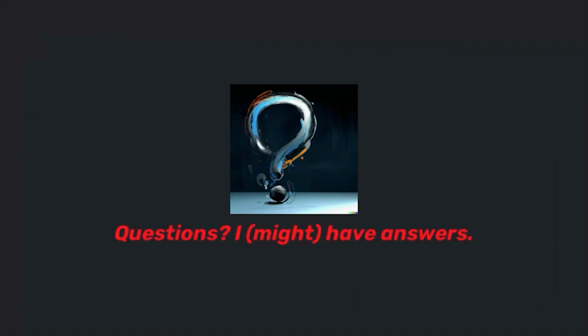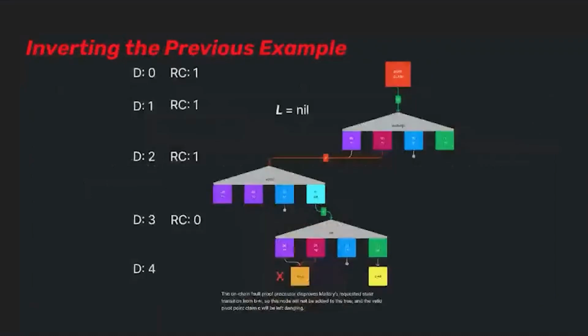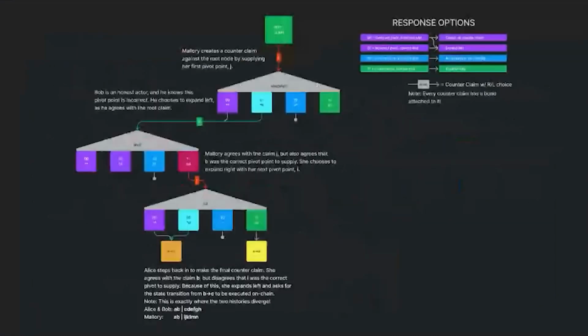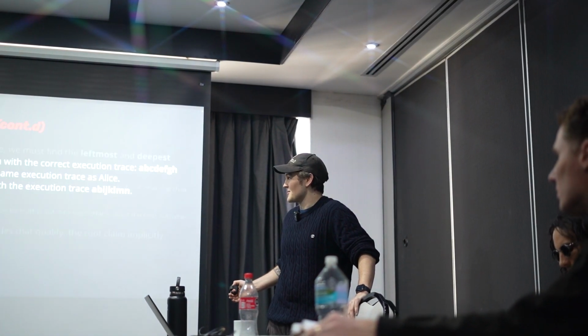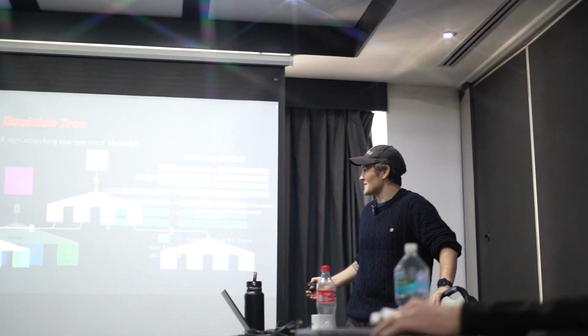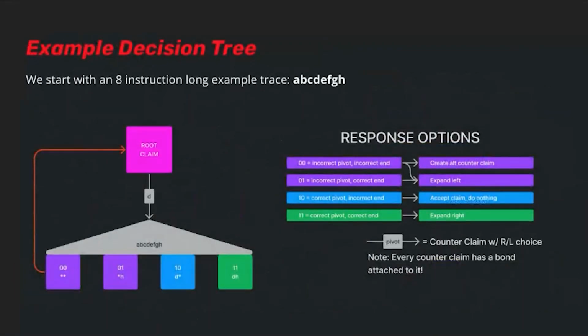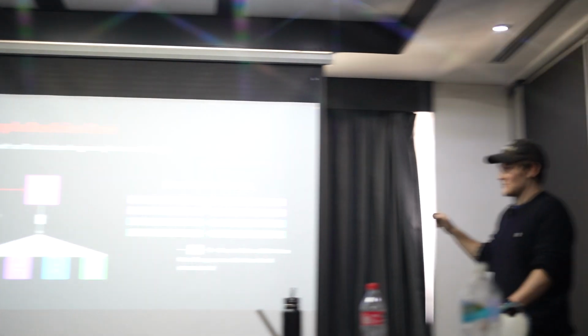Question: who chooses the pivot? Is this pivot location enforced by the smart contract, or does the client decide where the pivot is? The client decides where the pivot is themselves by looking at their own execution trace. Going back to the decision tree at the very beginning, if I am going to counter the root claim, the first thing I want to do is supply my pivot and attack left.